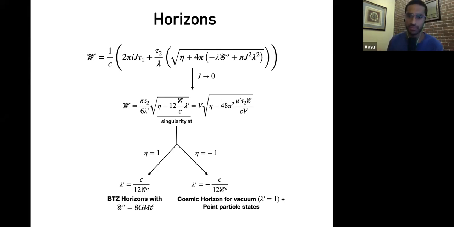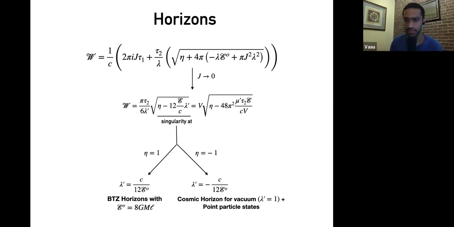When we have eta equals 1, so when we're in AdS, when we hit the singularity, we have the BTZ horizon with curly E naught going like 8 GM times L, which is what we would normally see for spinless BTZ black holes. When eta equals -1, we have the flipped sign. And for this flipped sign, the simplest state that sees this singularity is the ground state. And the ground state in my units is the one where lambda prime is 1.